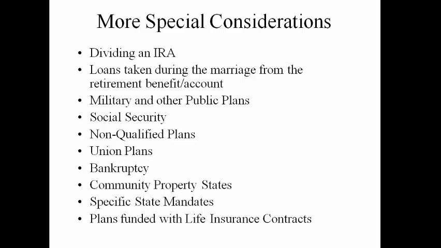Many states are what are called community property states. Different rules. The basic rule of a community property state is 1/2 of each asset in a marital estate automatically belongs to each spouse. So when we come to divide retirement plans in a community property state, 1/2 of the plan asset already belongs to the non-participant spouse.